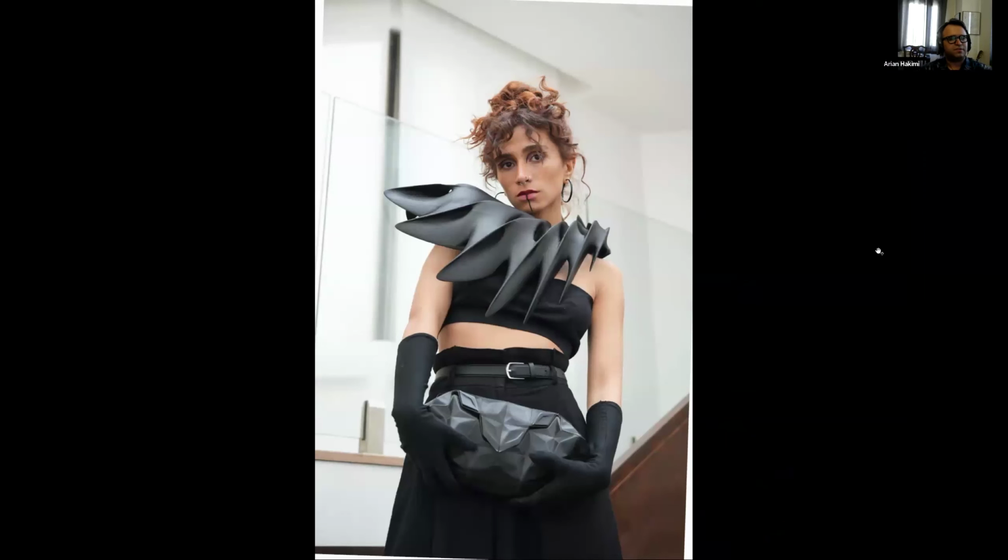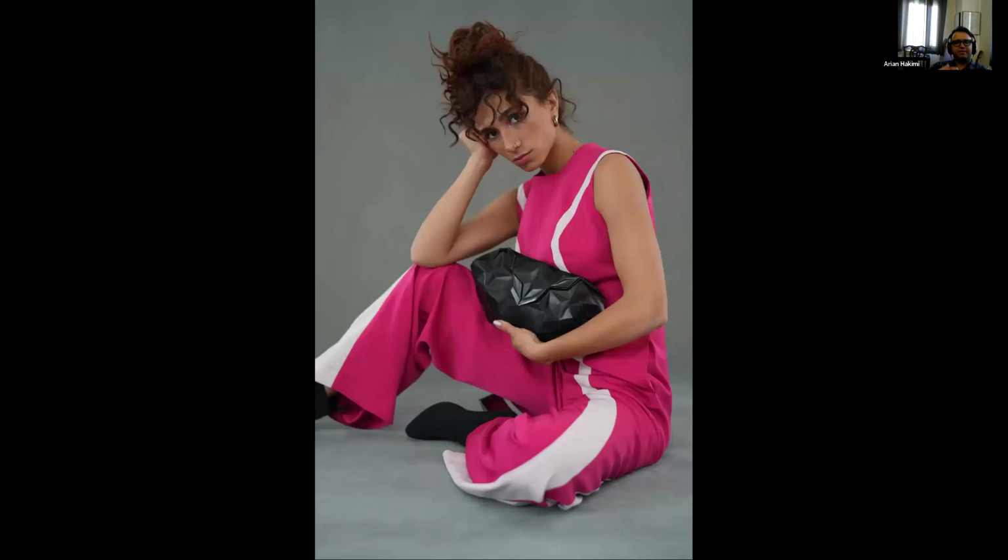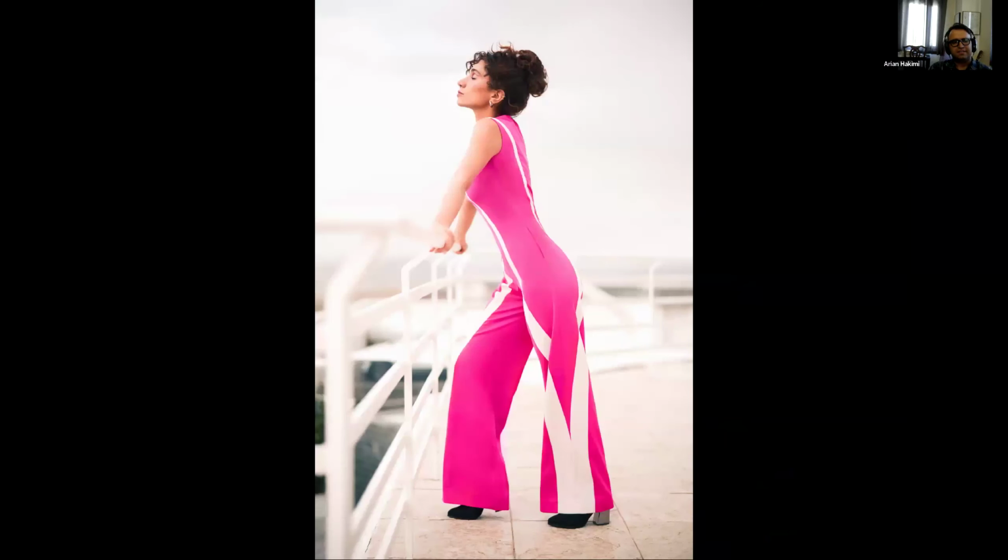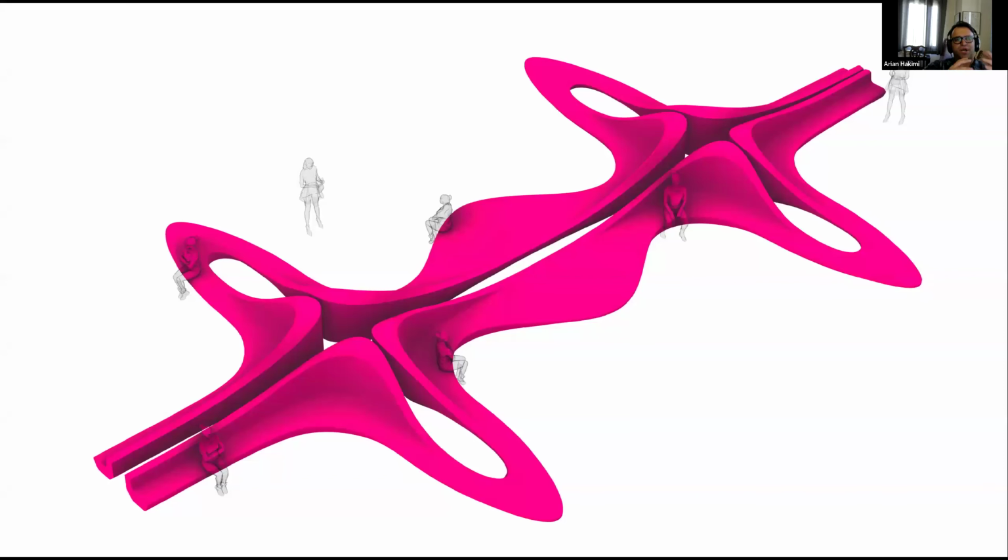These are some of our recent photo shoots with the bag and this abstract apparatus. As a multidisciplinary design firm, we also engage with fashion design. This, as you can see, is a jumpsuit, and we try to extend our design vocabulary into different parts.